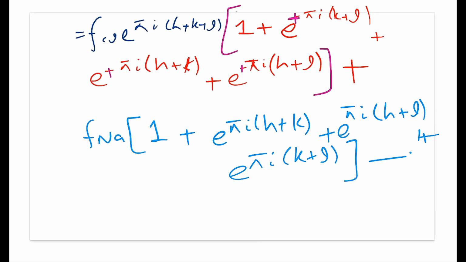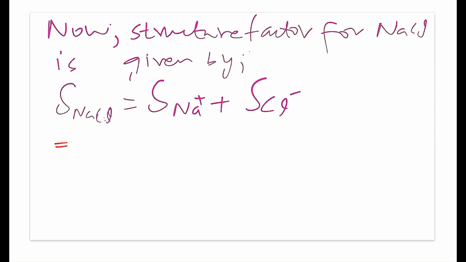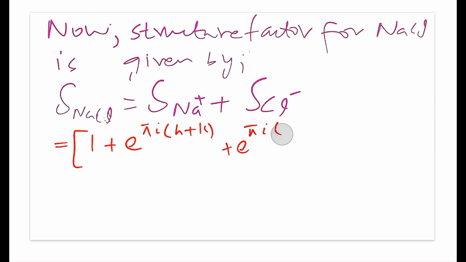Now we can see here that we have a common factor between these two quantities, so we don't need to write it two times. We can take it common. Let's write it here. We can take this whole quantity common, so it's going to be 1 plus e to the power pi iota (h plus k), plus e to the power pi iota (k plus l), and h plus l as well, as a summation for all separate cases.